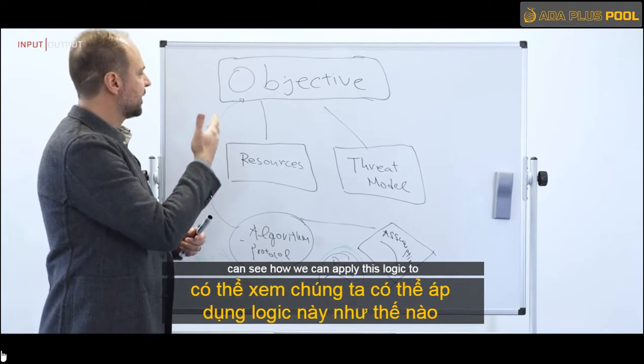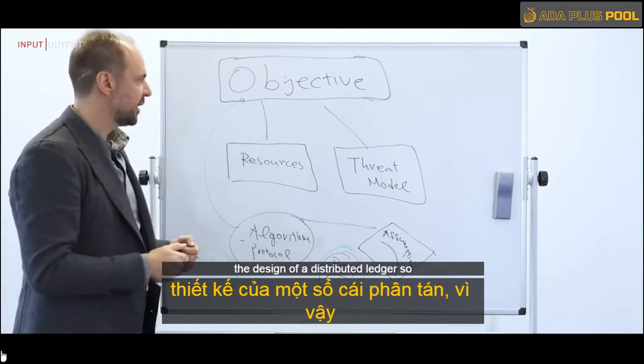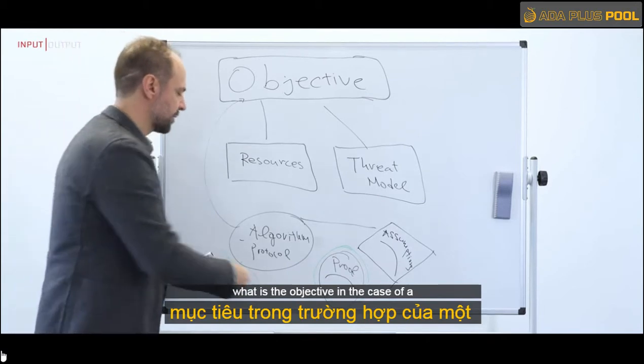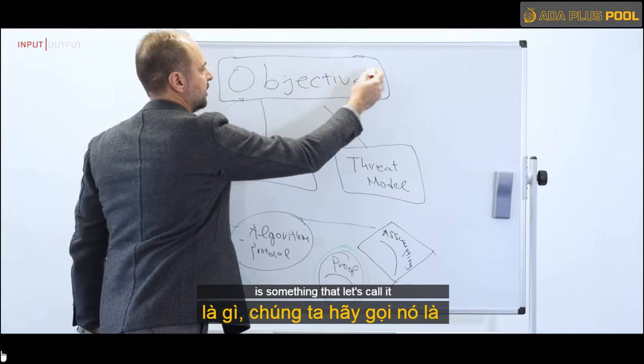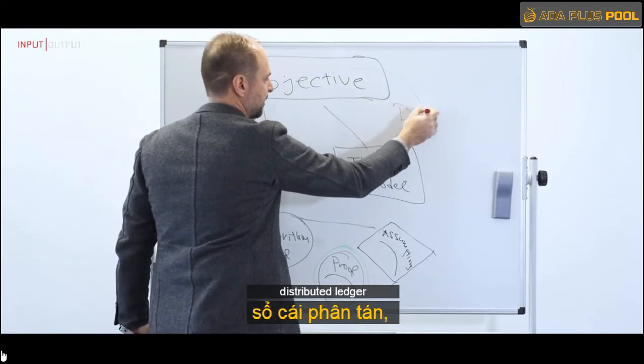We can see how we can apply this logic to the design of a distributed ledger. So what is the objective in the case of a ledger? Is something that, let's call it a distributed ledger.